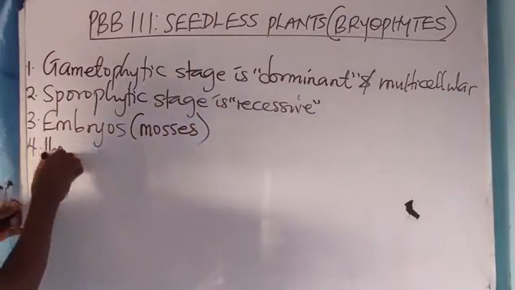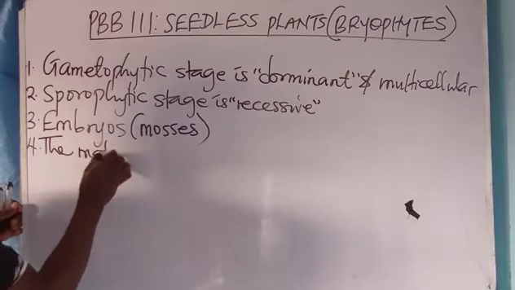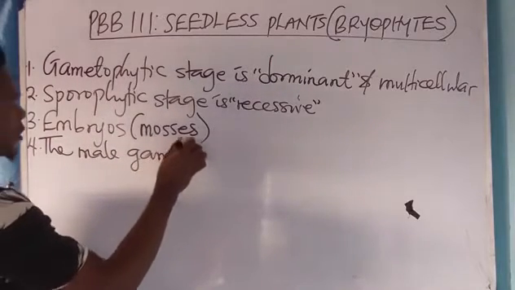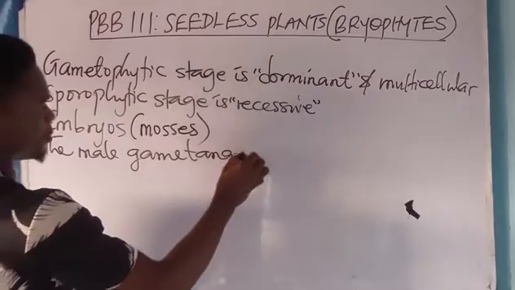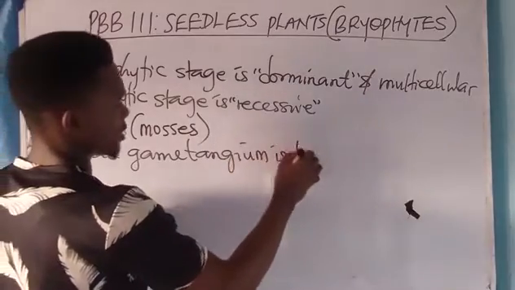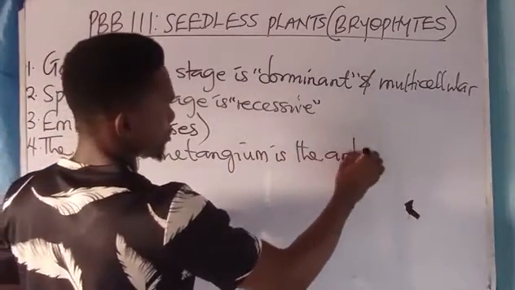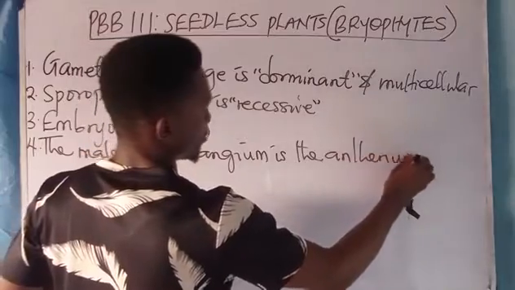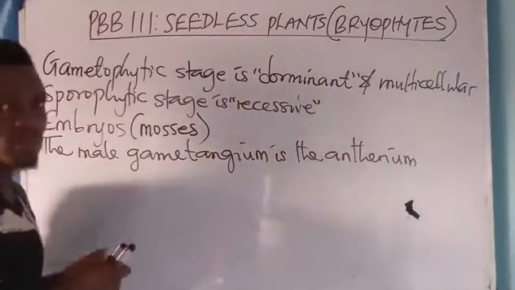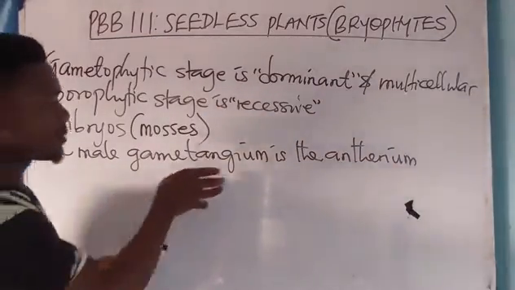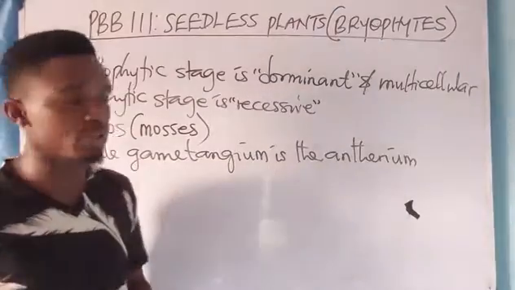The male gametangium is the antheridium, while that of the female is the archegonium. Alright, as the class progresses, we get to know the meaning of gametangium and antheridium.